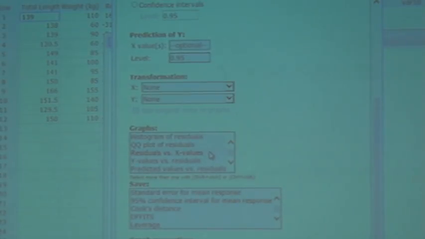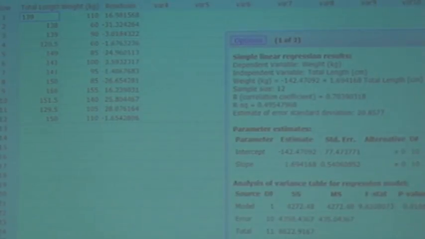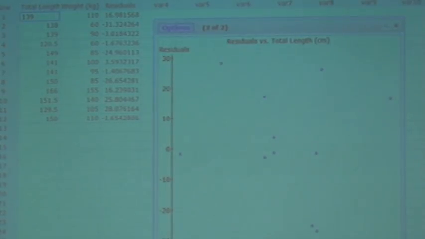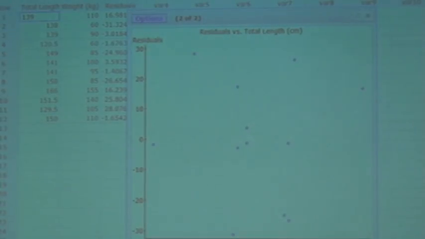So where it says residuals versus X values, you get your output back, and then at the bottom of the data you'll get an arrow. Notice here at the top it says residuals versus total length.